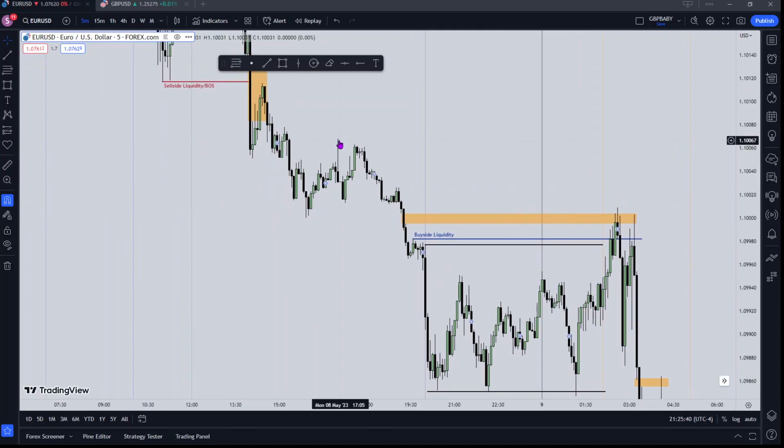And in all fairness, you could argue that this is a breaker. Why? Swing high before breakdown. Where's the last swing high? Here. And there's a swing low in between here. And if we draw that out, we can see it matches pretty much perfectly. So I'm going to make the breaker a different color, to the pip.